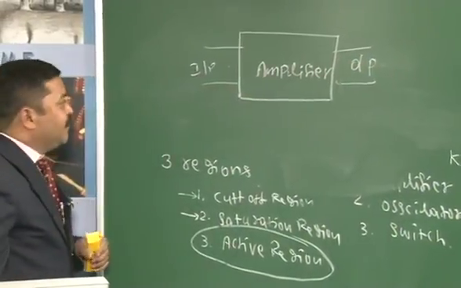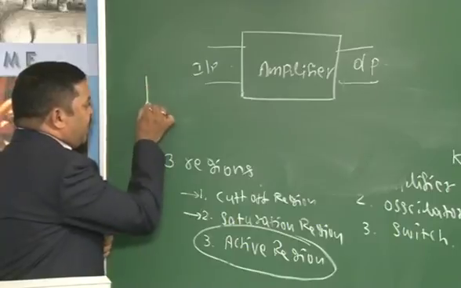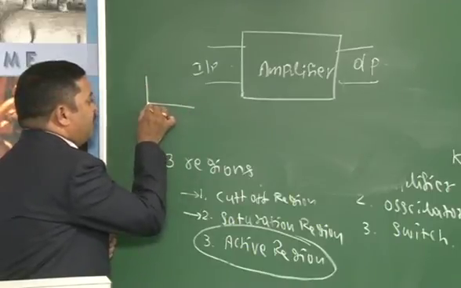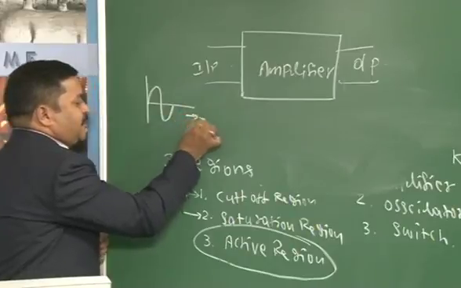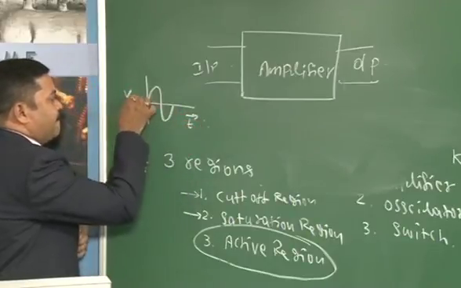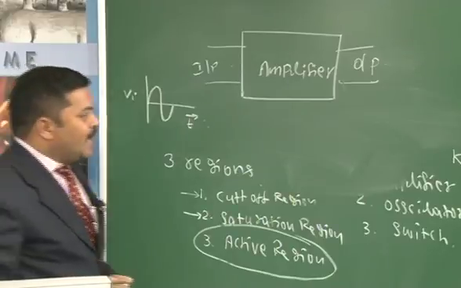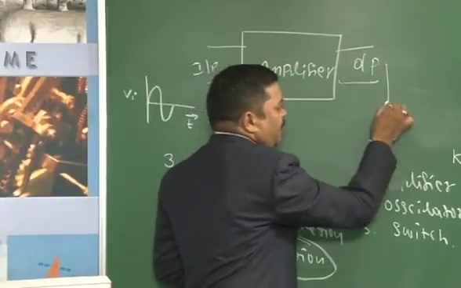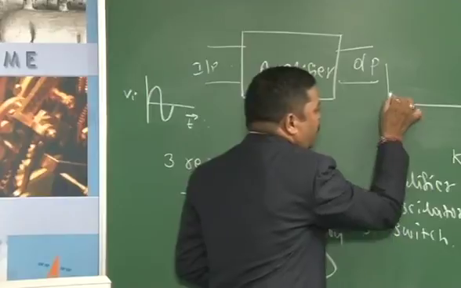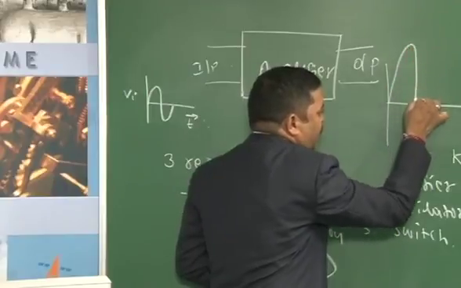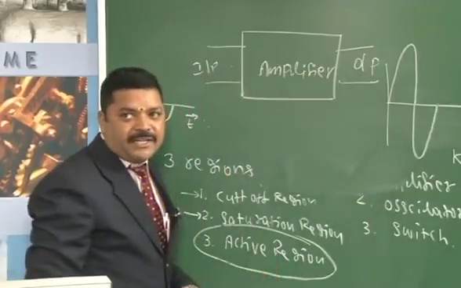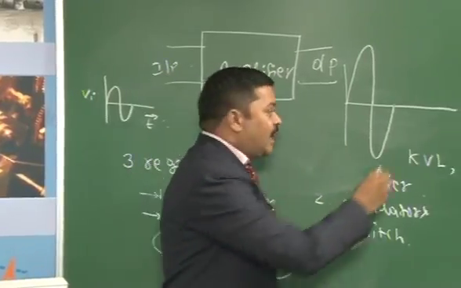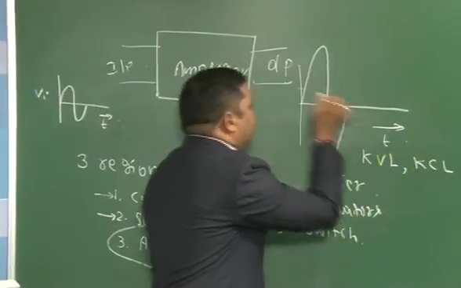At the input we will be applying the weak signal which is to be amplified or strengthened. This is the input signal, let us say Vi. And Vout we will note down at this point. The Vout should be the amplified signal, but the frequency will not be altered. This is the time axis, this is Vout.